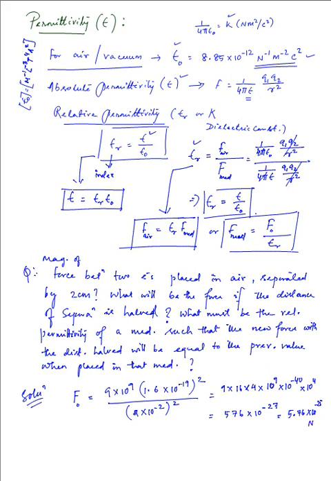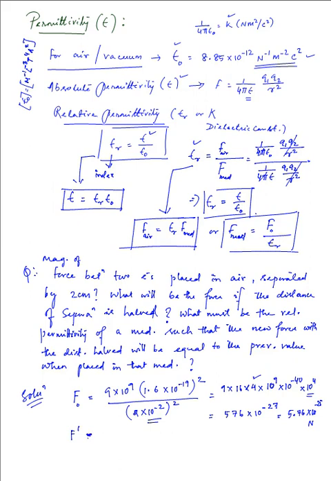But what was our concern is that if the distance is halved, that means 2 becomes 1. So there won't be any cancellation of this 16 that would have come up over here. So 2 becomes 1, square of 1 is 1. So only 10 raised to the power minus 2 would have been squared, and that is already taken over here. So now let me take that as F prime.